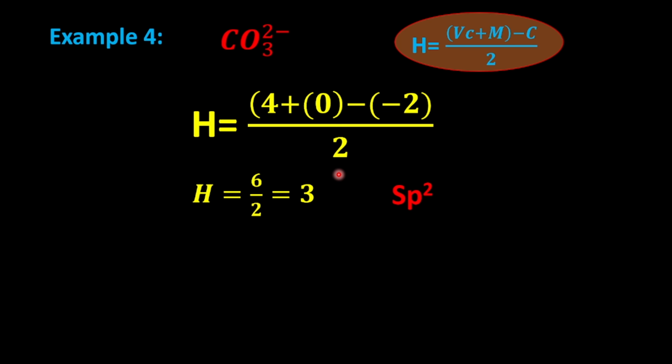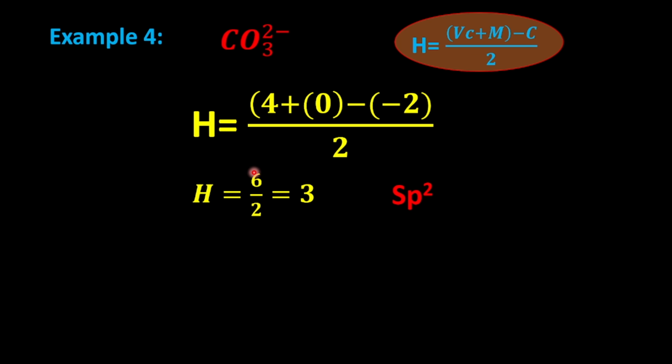Now let's enjoy ourselves. Let's move to the 4th example. This time around, we have a charge on it. Let's see how we can use this simple formula to solve and get the type of hybridization. C here is having 4 valence electrons. Oxygen is not a monovalent atom, so that is 0. Minus the charge.